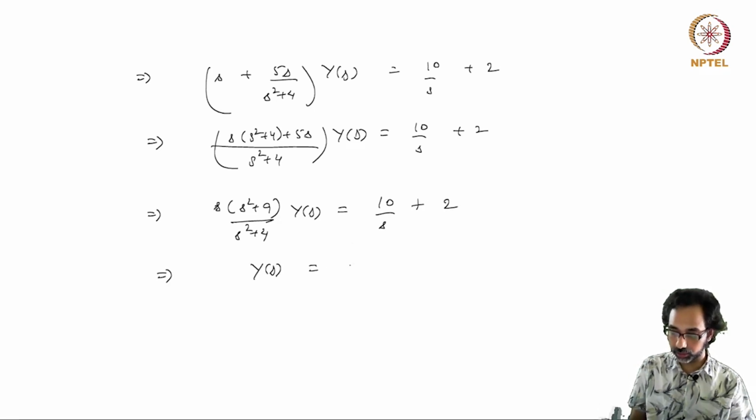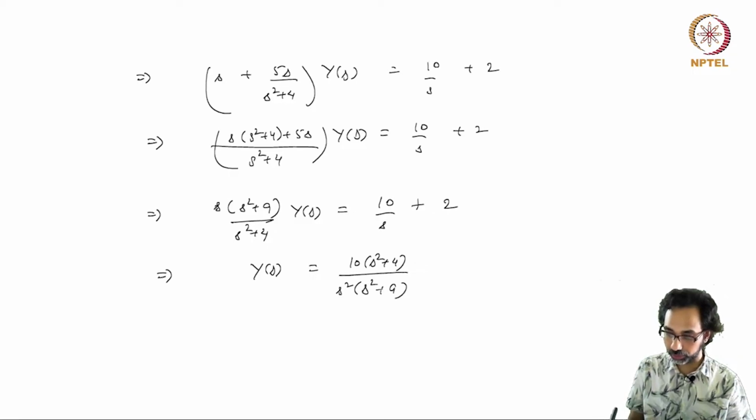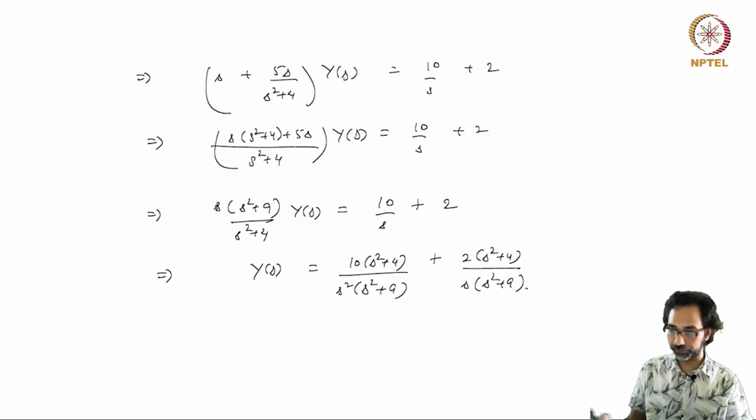So Y(s) equals 10 times (s squared plus 4) over s squared times (s squared plus 9), plus 2 times (s squared plus 4) over s times (s squared plus 9).